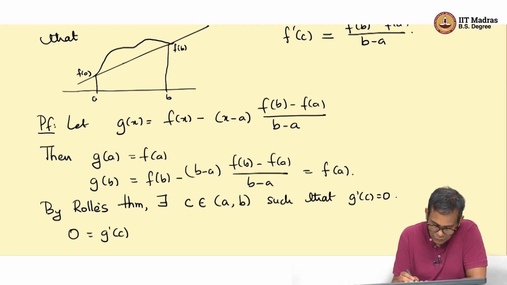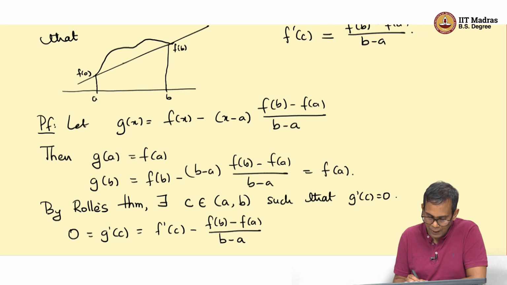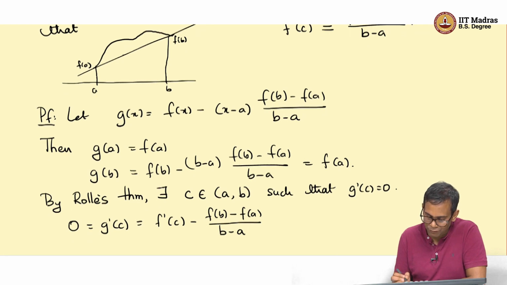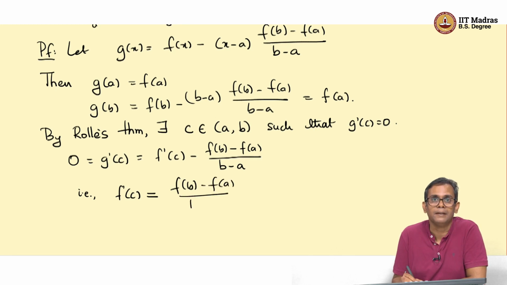You look at the relationship between f and g, the derivative of g will be f prime of c minus the derivative of this linear function, which is just f of b minus f of a divided by b minus a. So, f prime of c minus (f of b minus f of a) divided by b minus a is 0. So, this is just saying that f prime of c is equal to f of b minus f of a divided by b minus a.